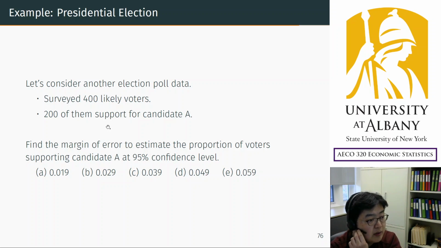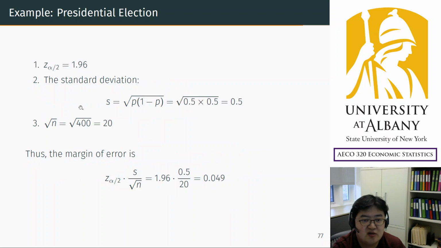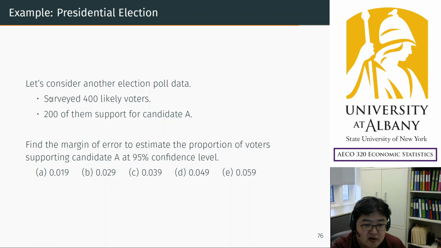Okay, so if you have finished your algebra, a 95% confidence level would imply 1.96. That's pretty much automatic. And then it remains to calculate the standard deviation and sample size. The standard deviation is simple because the percentage of success is 50%, 0.5.